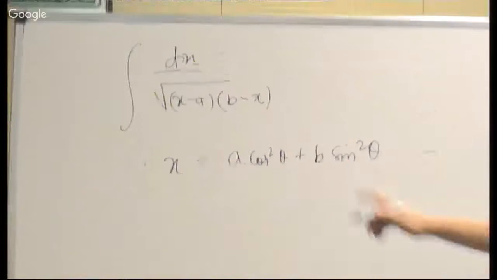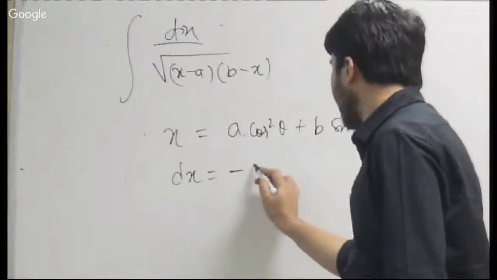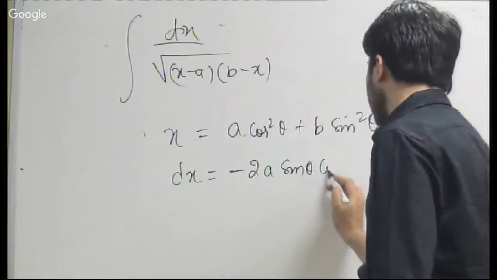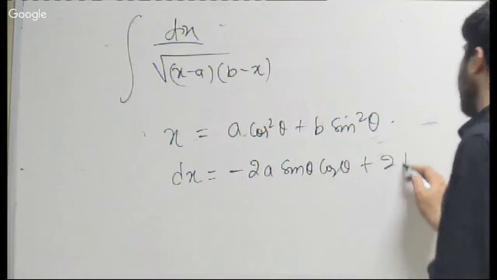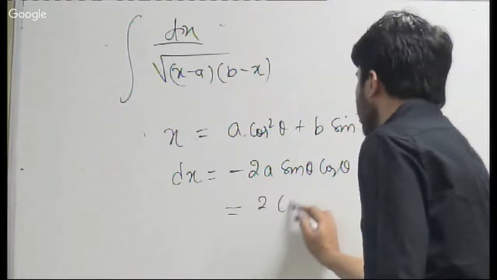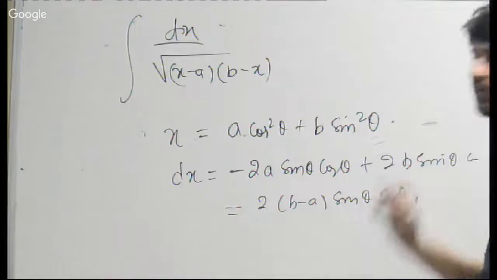If I substitute this, my dx will become minus 2a sin theta cos theta plus 2b sin theta cos theta. So finally it will be 2 into b minus a sin theta cos theta, right?